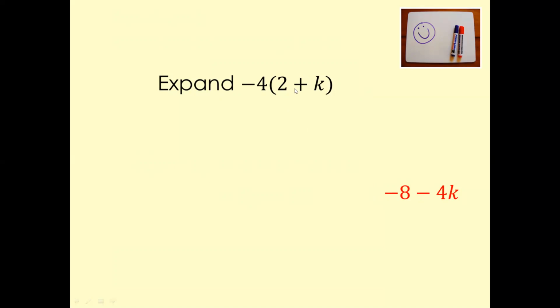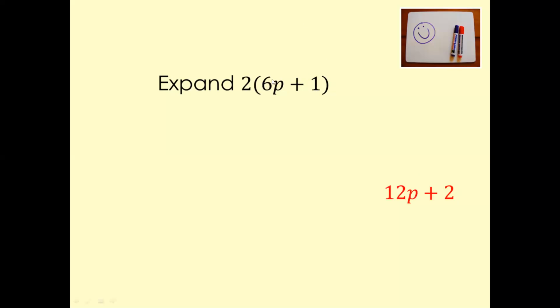If it is plus, it becomes minus, and if it is minus, it is going to become plus. So remember that if you've got a minus sign or negative sign outside the bracket, you always change the sign. If it is plus, that's going to be minus, and if it is minus, that's going to be a plus.